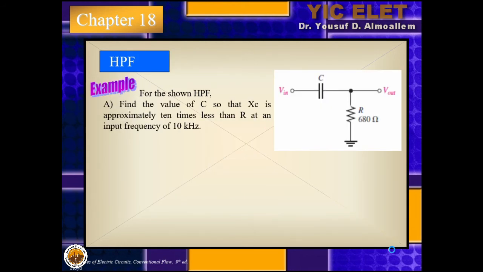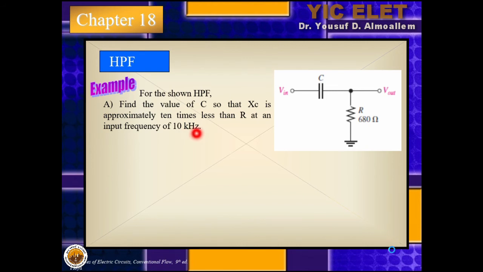Let's take another example here. This is the final example, I think. For the high pass filter shown over here, find the value of C. So XC is approximately 10 times less than R at an input frequency of 10 kilohertz.